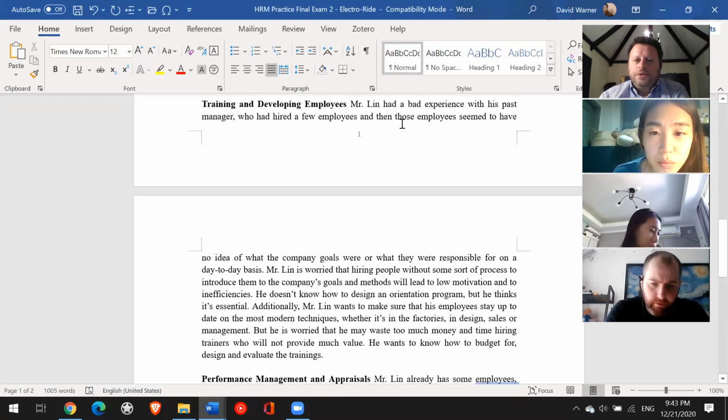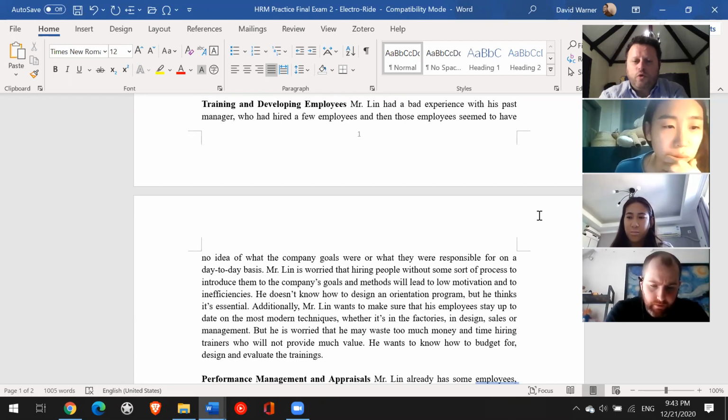Next, Mr. Lin had a bad experience with his past manager who had hired a few employees, and then those employees seemed to have no idea of what the company goals were or what they were responsible for on a day-to-day basis. Mr. Lin is worried that hiring people without some sort of process to introduce them to the company's goals and methods will lead to low motivation and to inefficiencies.